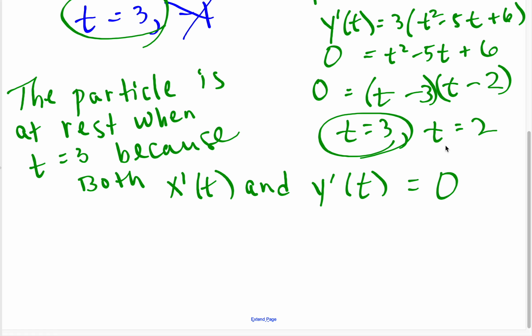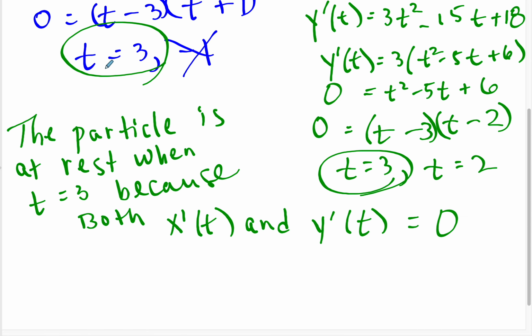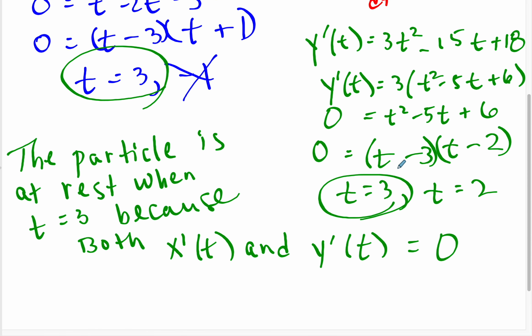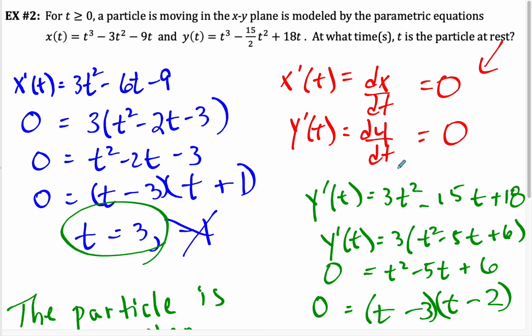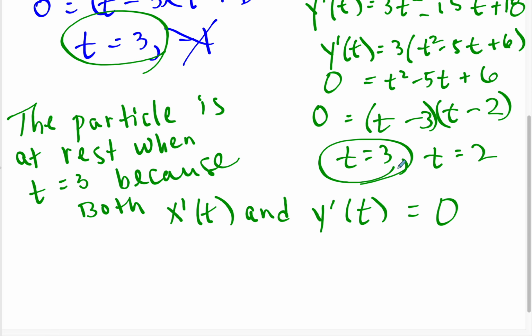That's why we can't count t equals 2, because x prime of t was not equal to 0 at t equals 2. So what you're looking for is the t value that is the same for both of them when x prime of t and y prime of t both equal 0. So at what time t is the particle at rest? The particle is at rest when t is equal to 3.